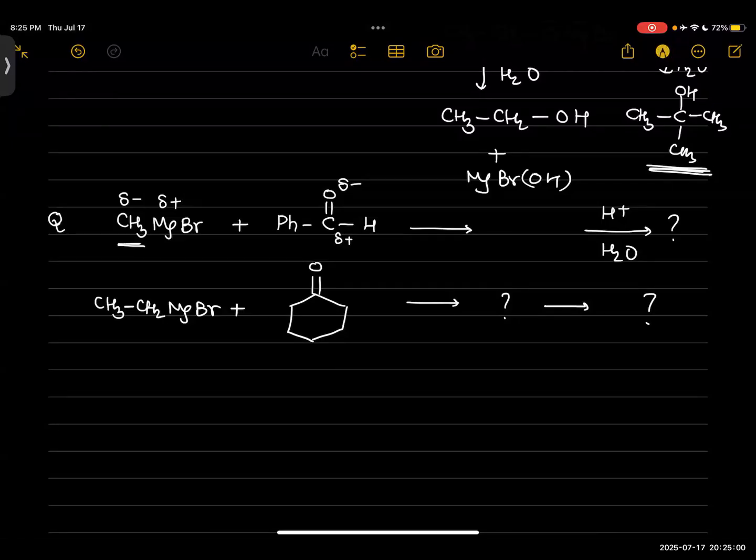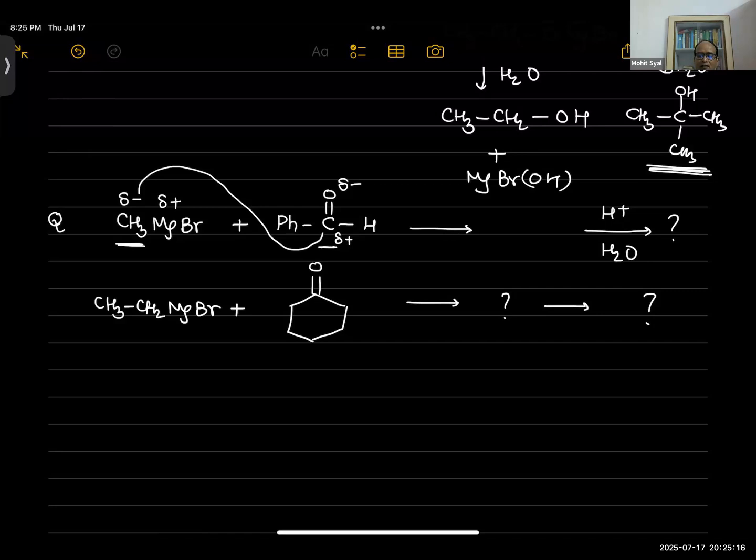This carbon is negatively charged and this carbon is positively charged because it is connected to oxygen. So tell me quickly, what is the first thing which we are going to make? This carbon I'm going to attach to the carbon of the double bond.